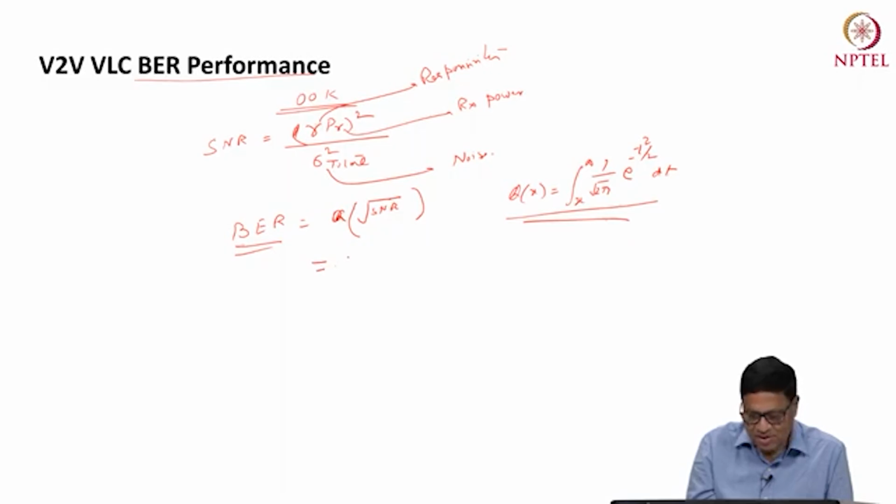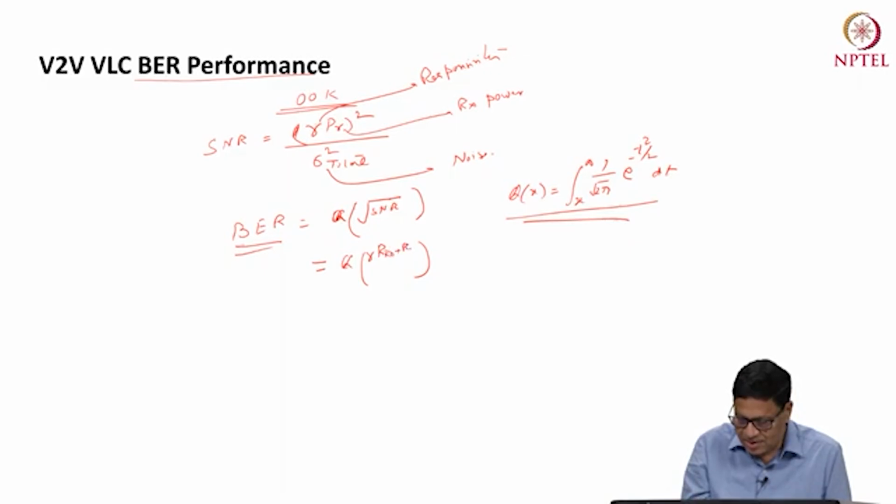And if you see, gamma is the power received, divided by sigma total.